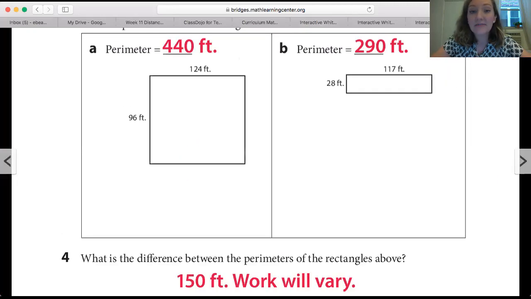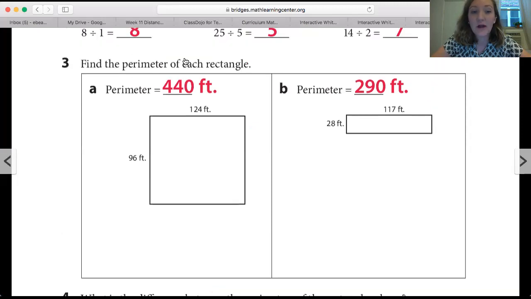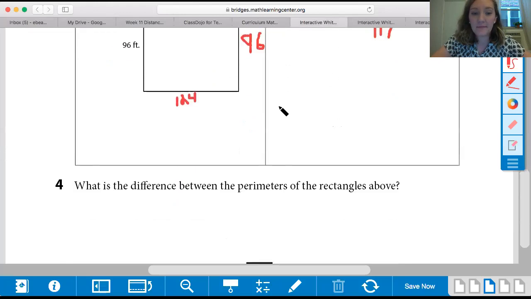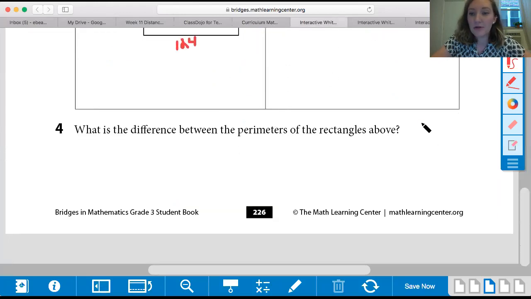Remember, when we ask for difference, we're talking about subtraction. So we need to do 440 minus 290. Okay, you can go ahead and solve this.